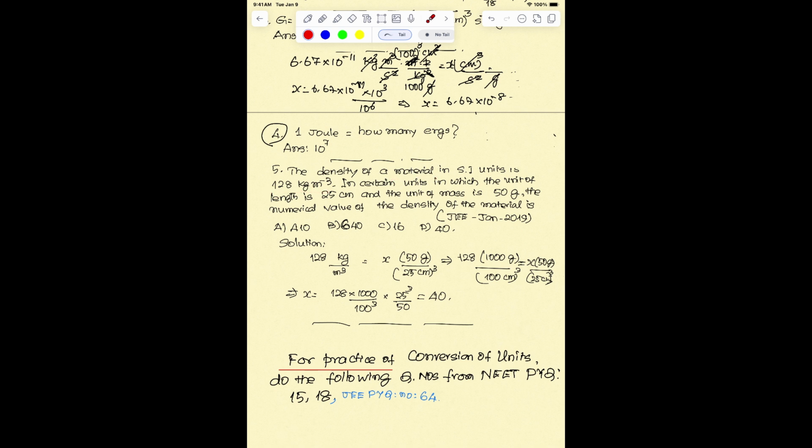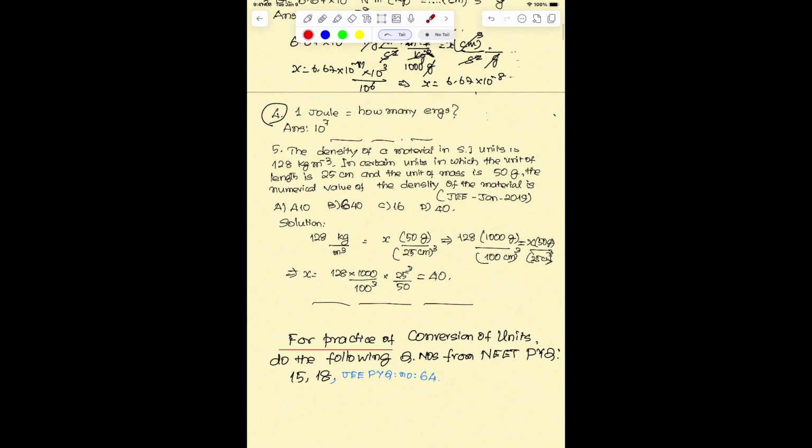Then how much will it be in a particular unit system, which is not CGS, but a kind of variation of CGS, where the unit of length is taken as 25 centimeter, unit of mass is taken as 50 gram. Therefore, what is the density? 128 SI units will be how much in this particular new system.